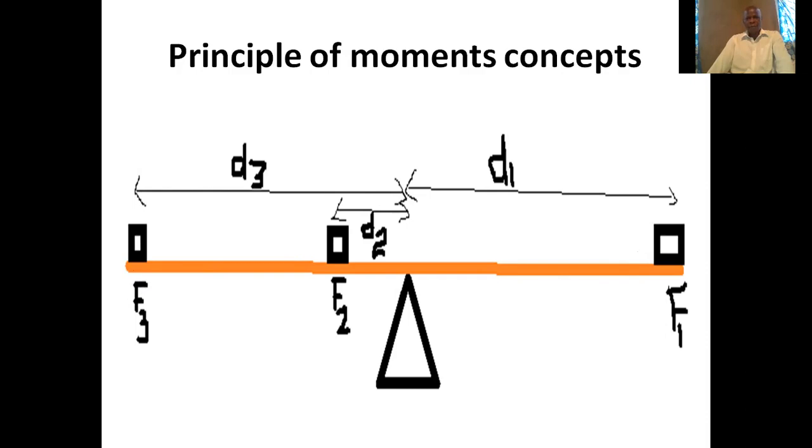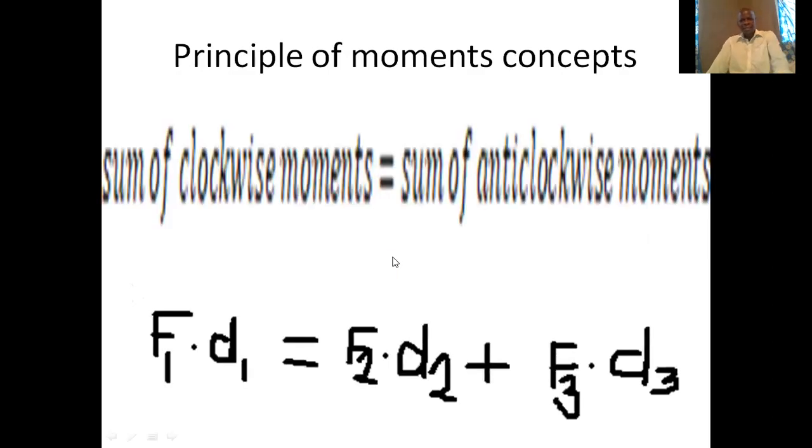And therefore, verifying the principle of moments would say F1 multiplied by D1 should be equal to F2 multiplied by D2 plus F3 multiplied by D3. And exactly this is what we have done here.